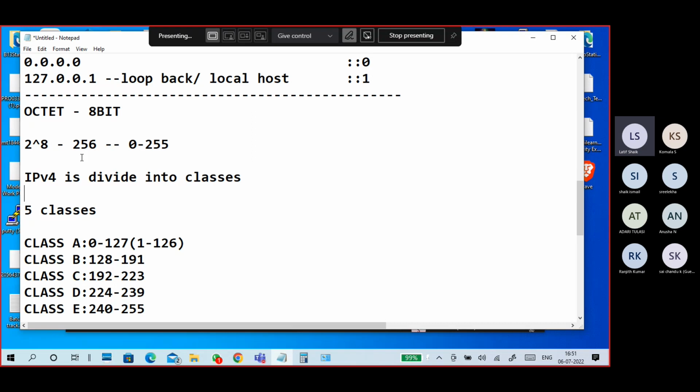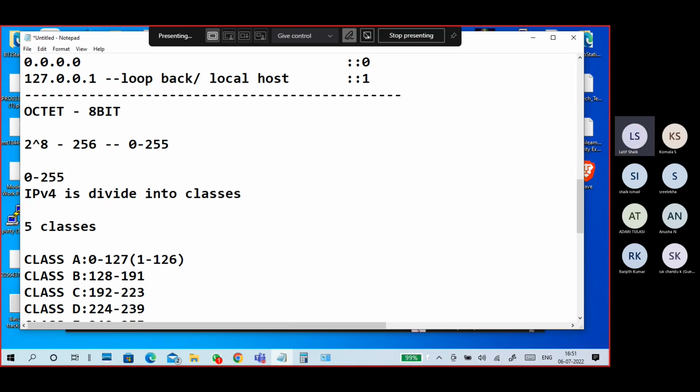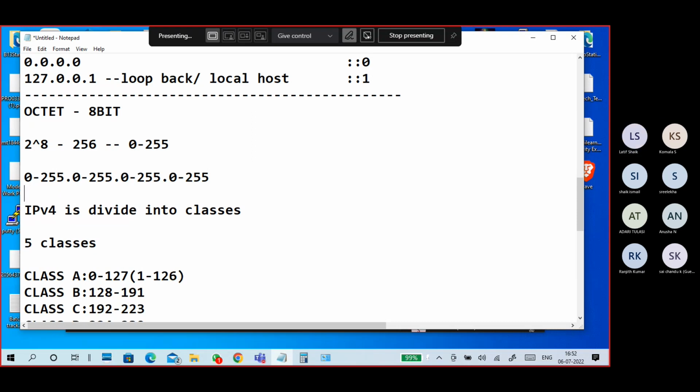Okay, so IPv4 is divided into classes. Each octet is 8 bits, with values 0 to 255.